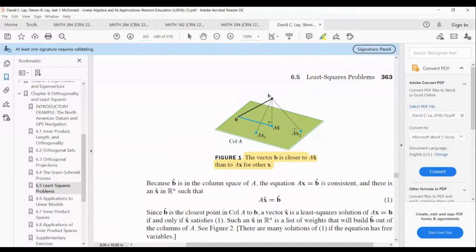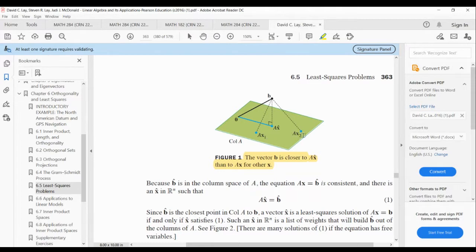So A times x1, A times x2. Okay, what is A times x1? Well, A times x1 can be thought of as a linear combination of the column vectors of A, where the weights come from the vector x1.